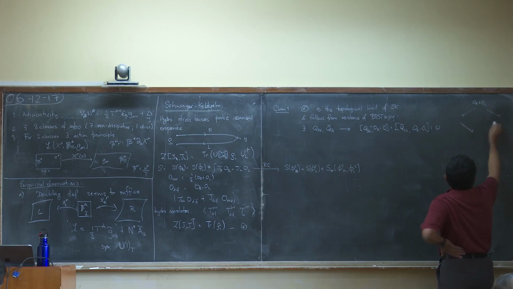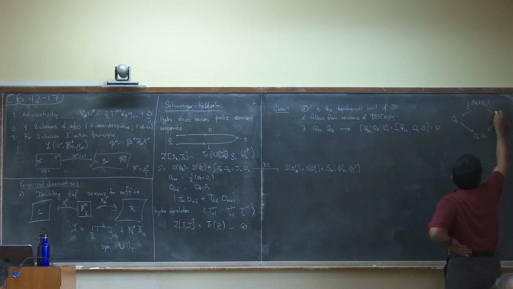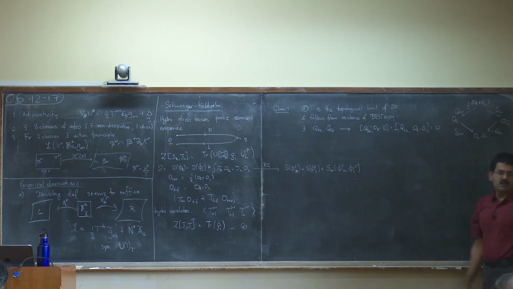There's an algebra acting on the space of operators, Schwinger-Keldysh operators, which came with a doubling, which came with two labels, right and left.